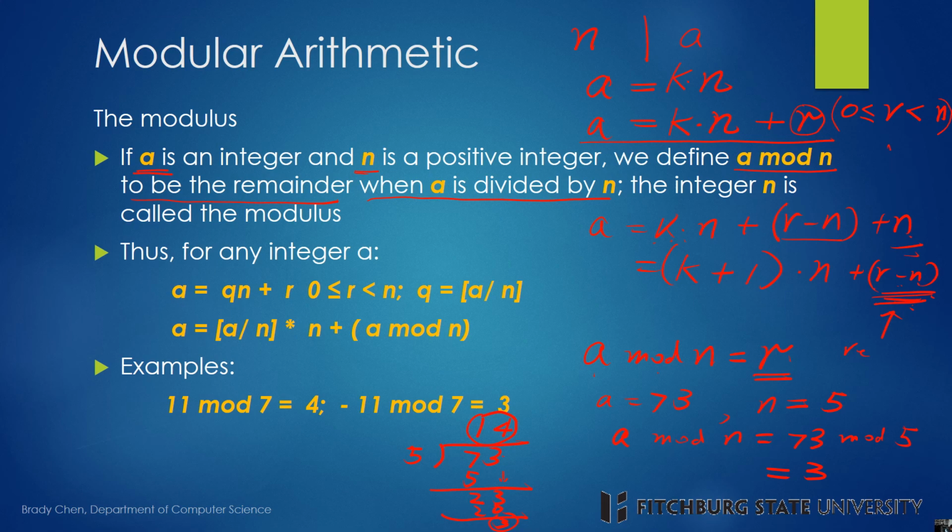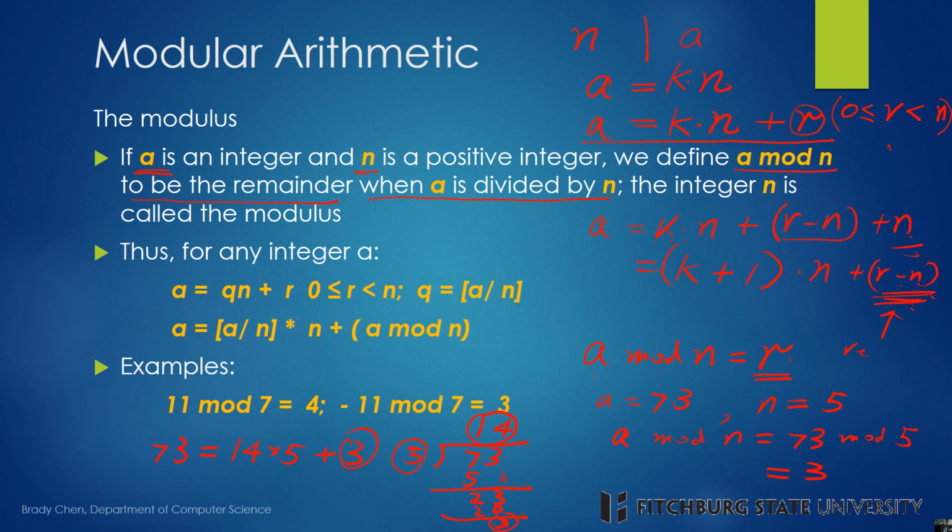In the meantime, we can write 73 as the quotient times the divisor 5 plus the remainder 3. So the remainder is the result of the modular operation.